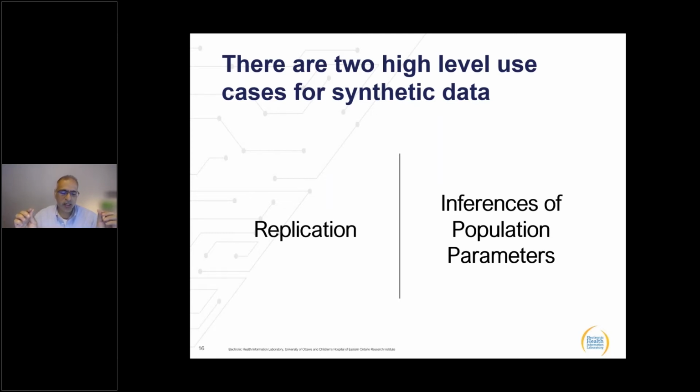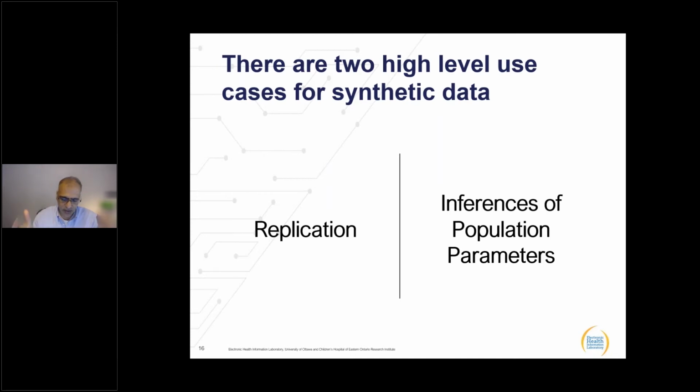Replication is when you create a synthetic data set to be able to replicate an analysis that was done on a real data set. For example, if you publish a paper and you want to make your data set available in a privacy preserving manner so that other researchers or citizen scientists or someone can replicate your analysis results reasonably well using the synthetic data, that's a perfect example of a replication use case.